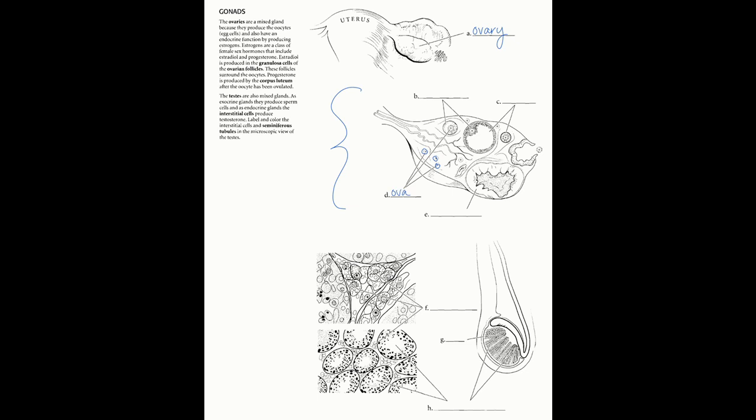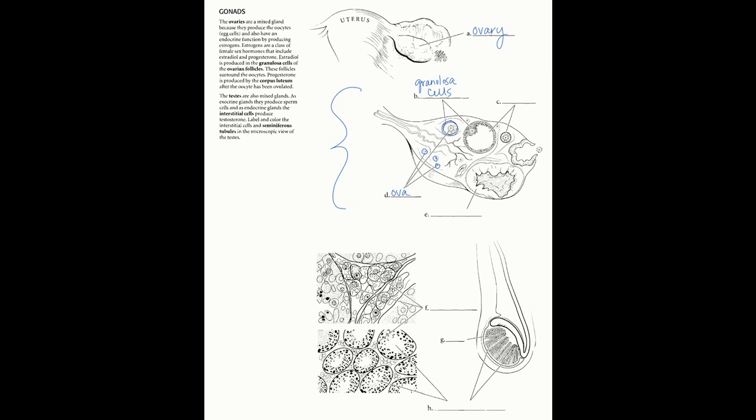And what happens as the female goes through her cycle, one of these is going to begin to mature before being released. As it's being matured, we have these granulosa cells that are going to surround the ova that is being prepared for release.